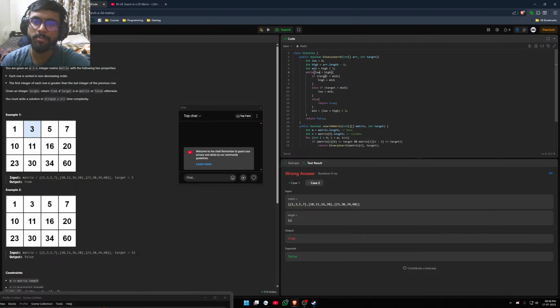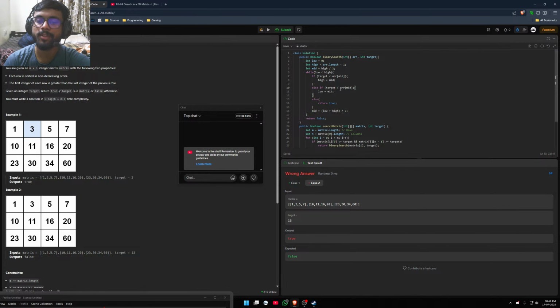If target is lesser than array of mid, which is not true in this case, 13 is not lesser than 11.